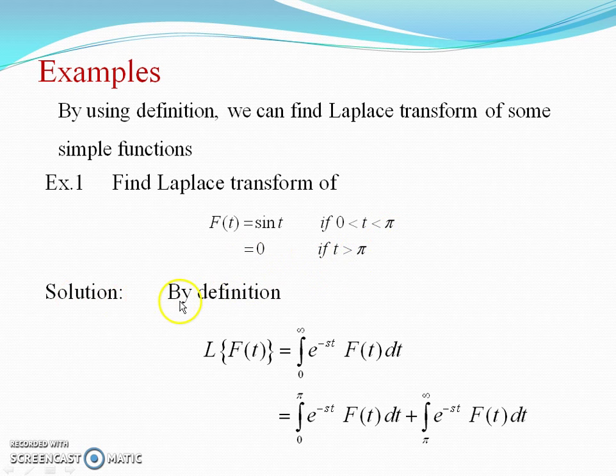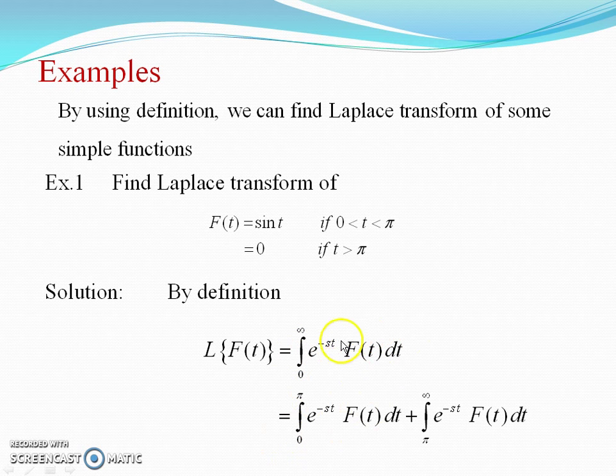Now, by solution, by the definition of the Laplace transform, the Laplace transform of f of t is equal to the definite integral with limits from 0 to infinity of e raised to minus st f of t dt.